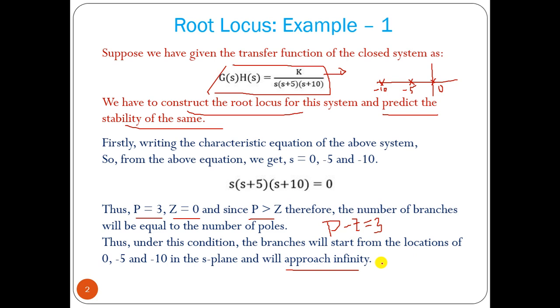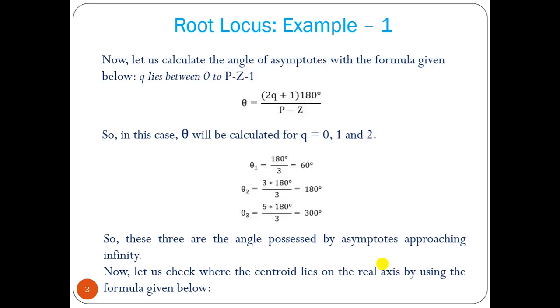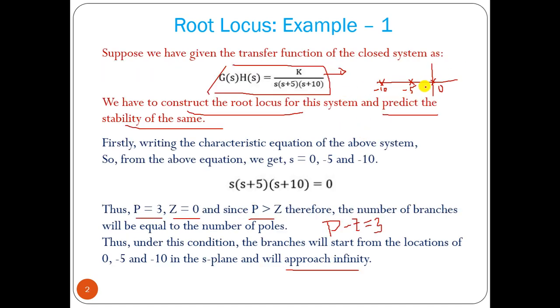Okay, so now we have to find the centroid point. Then we will find these 3 asymptotes. 3 asymptotes should be there and there must be a centroid.